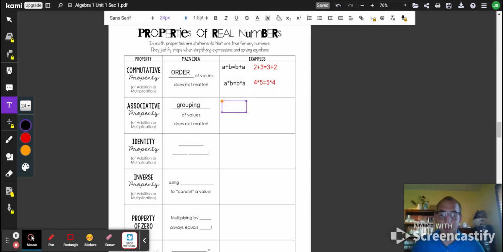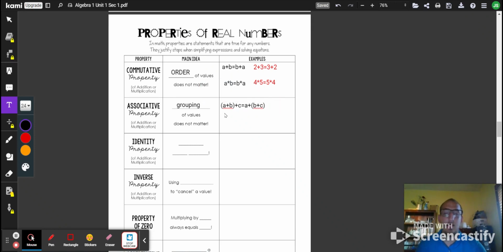Now the example would be, let's say we have parentheses A plus B in parentheses, and then add a third term C. That would be the same as if we kept the A on the outside and then grouped B plus C. That's my generalized one.